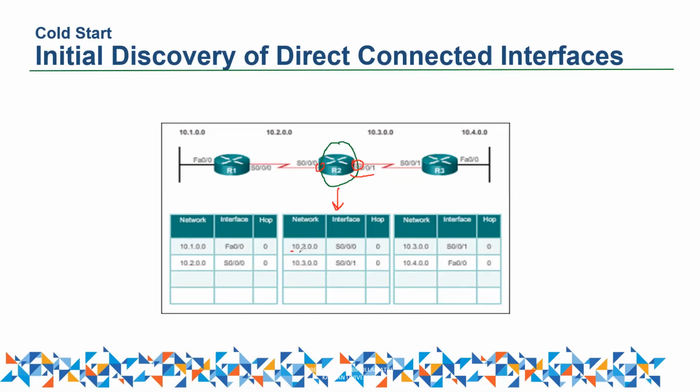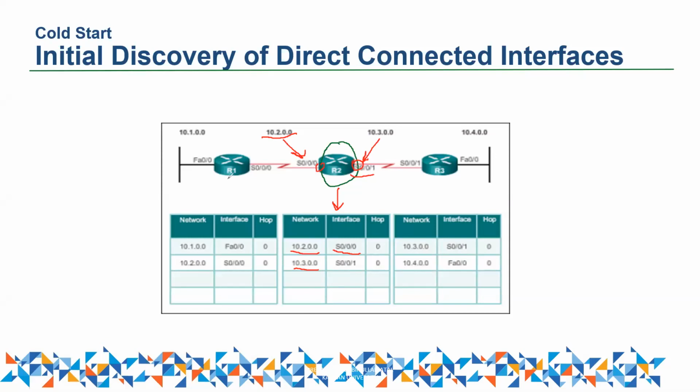They know right now that 10.0.0.0 is connected with this interface. You can see here. The router discovered that 10.3.0.0 is connected with this interface. So see, the router learned this through the initial discovery of directly connected interfaces.